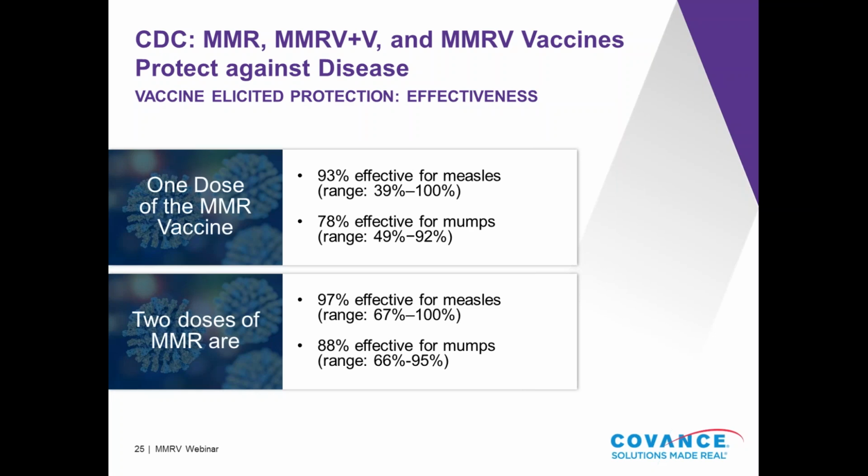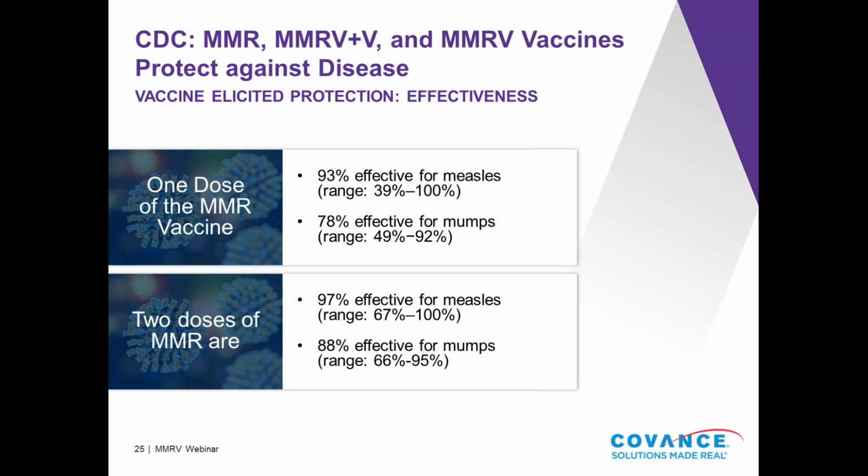While 2 doses of the MMRV vaccine are 88% effective at preventing mumps, mumps outbreaks can still occur in highly vaccinated US communities, particularly in close contact settings such as schools, colleges, and camps. High vaccination coverage helps limit the size, the duration, and the spread during these outbreaks.